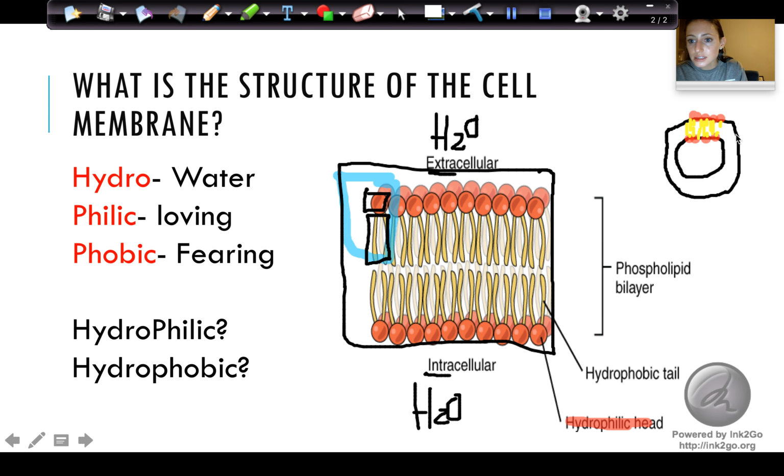You can better see in this picture that they're in the middle. So they never touch the water. So we call these guys hydrophobic or water fearing. That should make sense because you've all heard of the word phobia. When you have a phobia of something, it's to have a fear of it. So two parts of our one phospholipid here in blue is our head, hydrophilic, it loves water, and our tail is hydrophobic, it fears water.